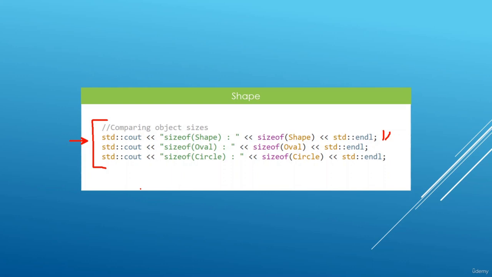And that information is stored in what we call virtual tables, but I am not going to go into that here because it is really out of scope of a course like this. But I want you to be aware of this. If you use dynamic binding, your objects are going to be much larger.